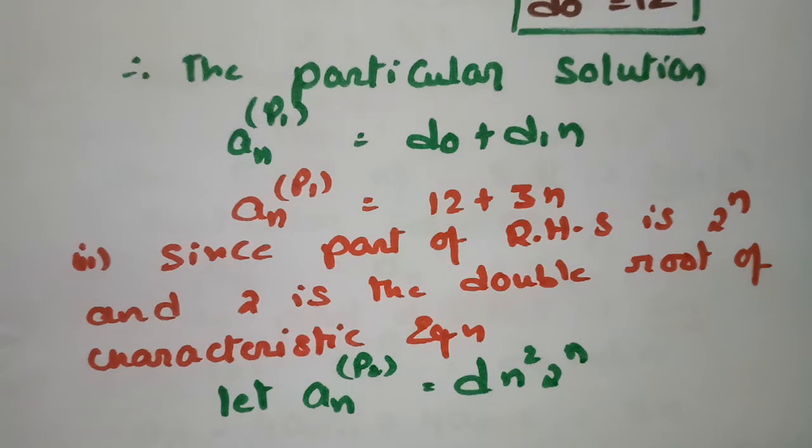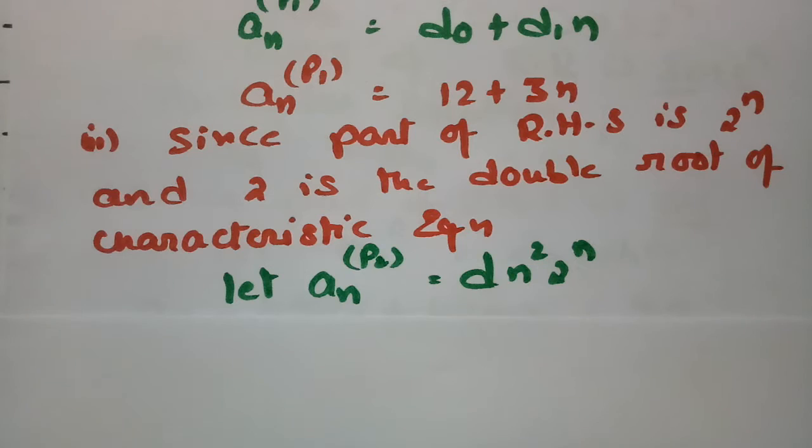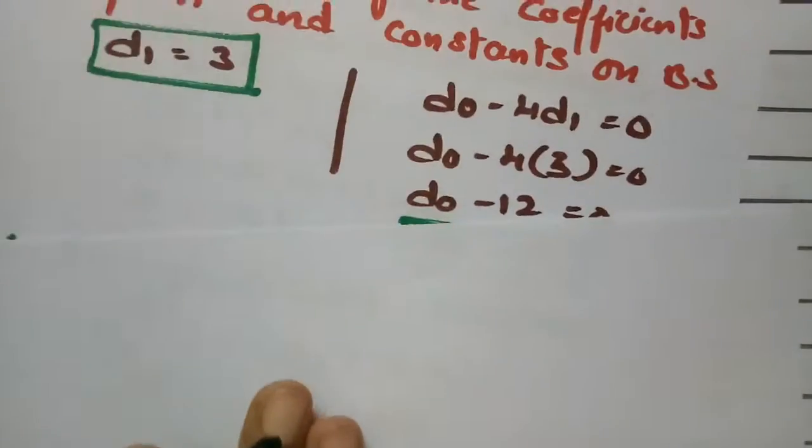Now we have to substitute in the given recurrence relation. So what is the given recurrence relation here? From the question it is the given recurrence relation.